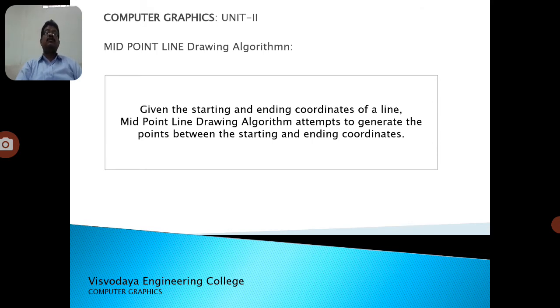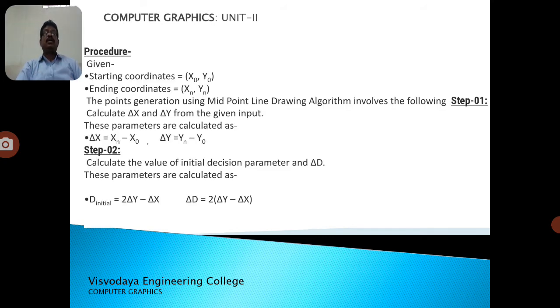Now, the notations delta x and delta y are similar to the DDA and Bresenham's algorithms, and here we find the initial decision parameter, d initial equals 2 delta y minus delta x, and delta d equals 2 into delta y minus delta x. You can see the difference between these two: d initial equals 2 delta y minus delta x, while for delta d, 2 is the common factor of delta y minus delta x.